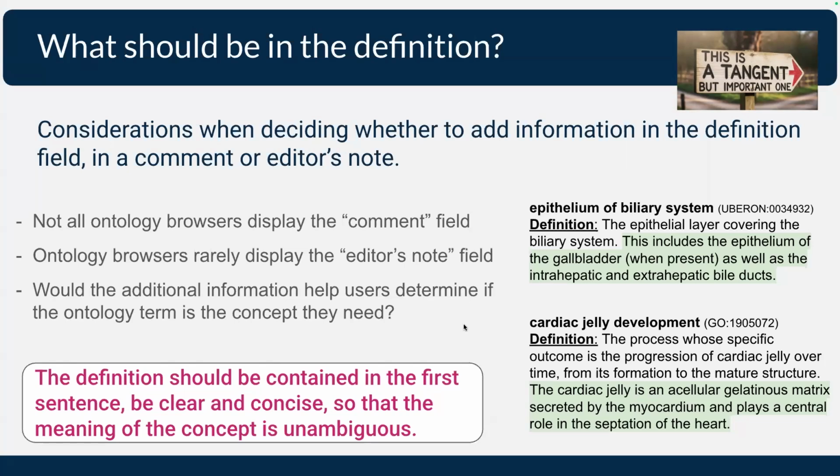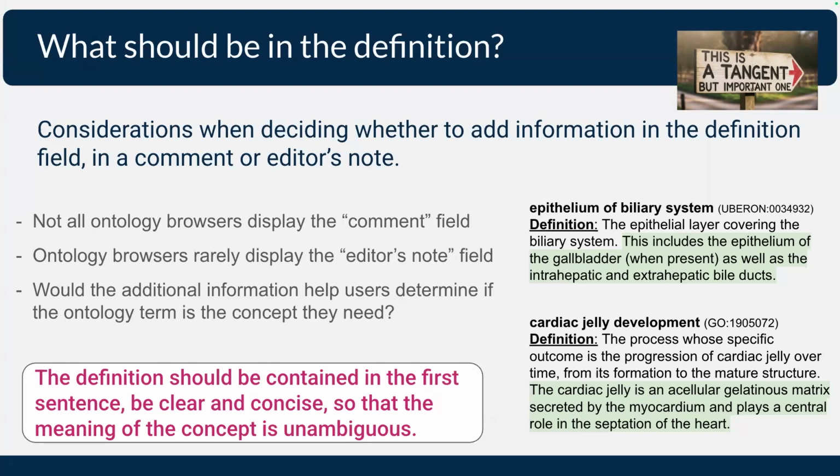If you are in a bakery ontology and you see the word cake, and it says it is a cake that has primarily chocolate as an ingredient, then it's probably okay to not add in the definition a cake is blah blah blah.